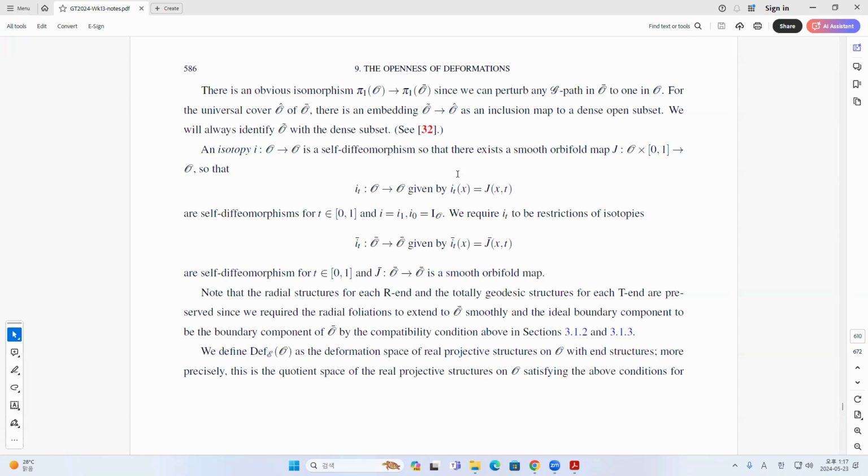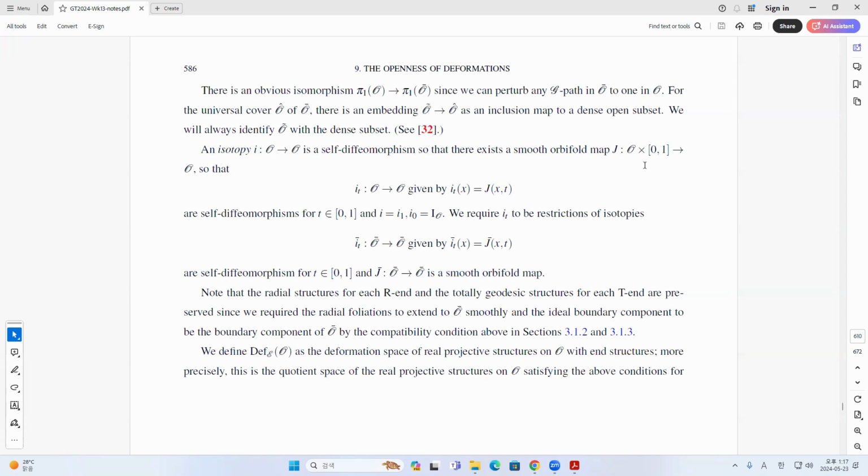Also, the isotopy is a self-diffeomorphism, so that there is a smooth orbifold map I_t from O to O, where I_0 is the identity and I is I_1.